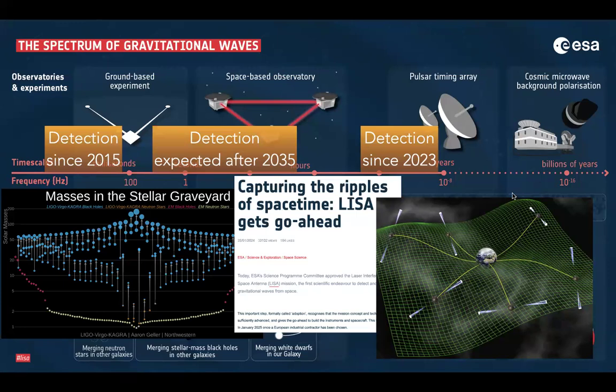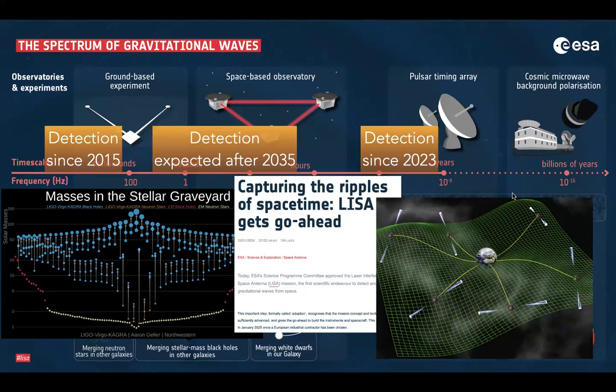They observed the fluctuation of the arrival timing of otherwise very regular millisecond pulsars, to infer the existence of a stochastic background of gravitational waves between us and the observed pulsars. So that's in the 100 hertz range by LIGO-Virgo, and the nanohertz low frequency by pulsar timing arrays.